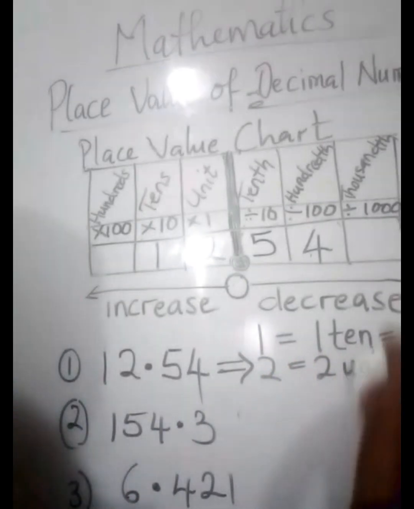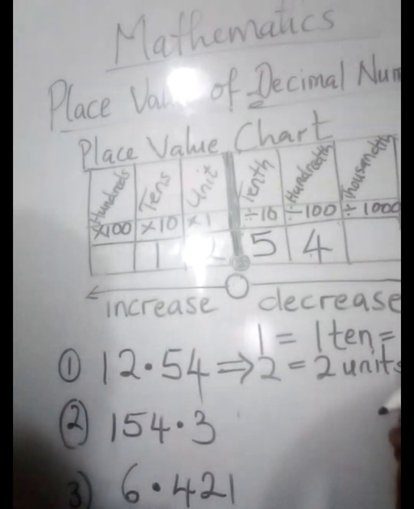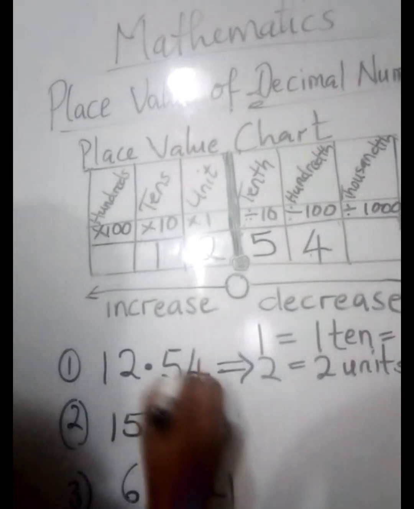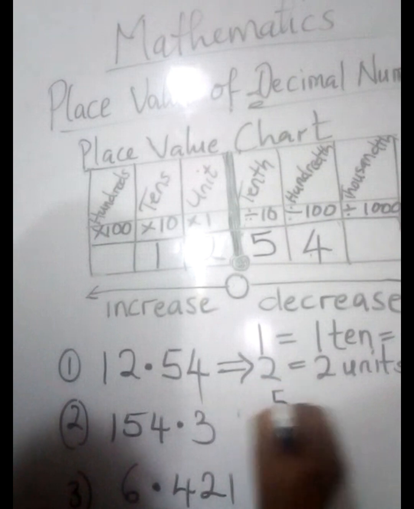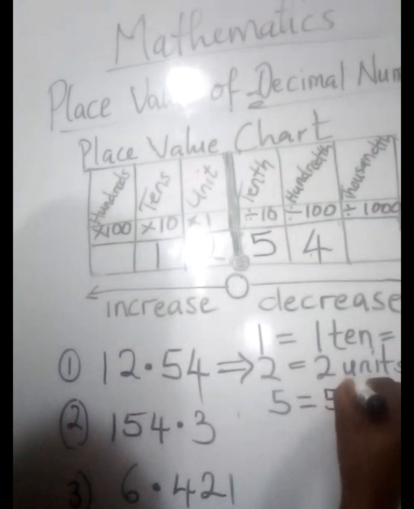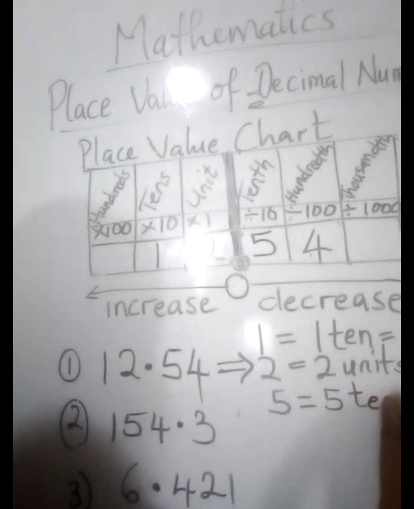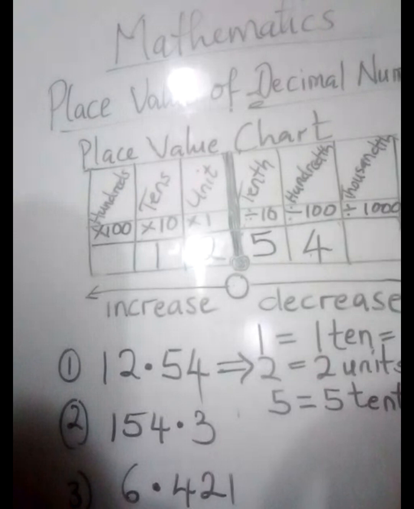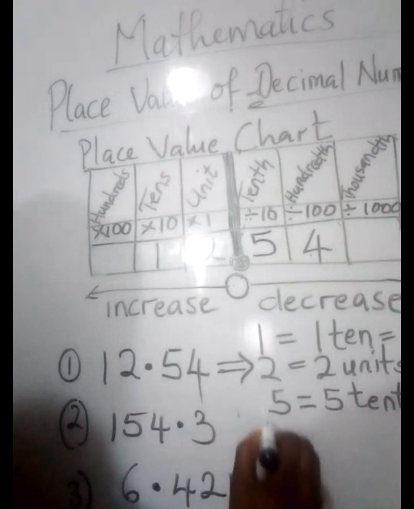Are we following? And then the 5 that we have here is equal to 5 tenths. And 5 tenths is what? 0.5. And the last one is 4.